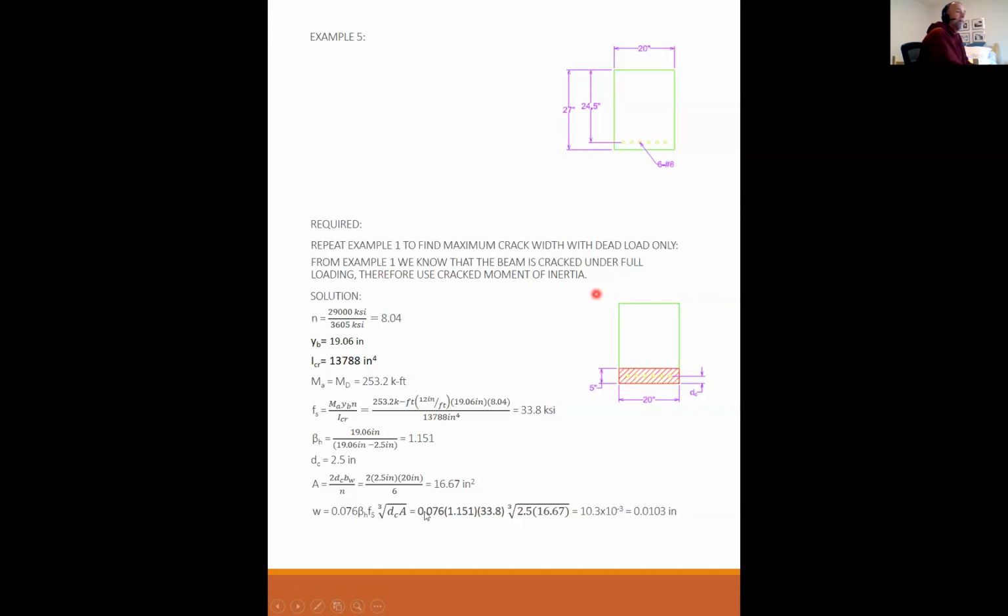But the tensile area down here is the area that's in the same centroid as the steel divided by the number of bars. So one thing that's really important as a designer, when you're figuring out how much area of steel you need, you're choosing to use either 6 number 8s, or you could use 5 number 9s, or you could use 3 number 10s, or you could use 2 number 14s.